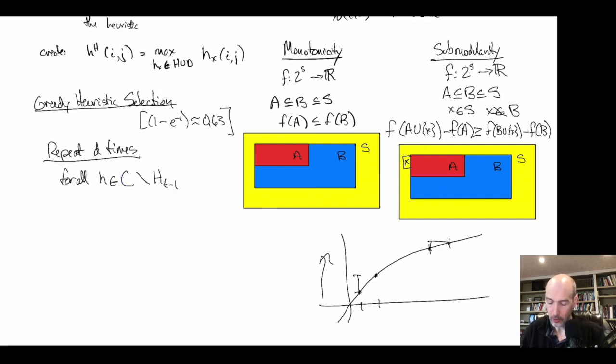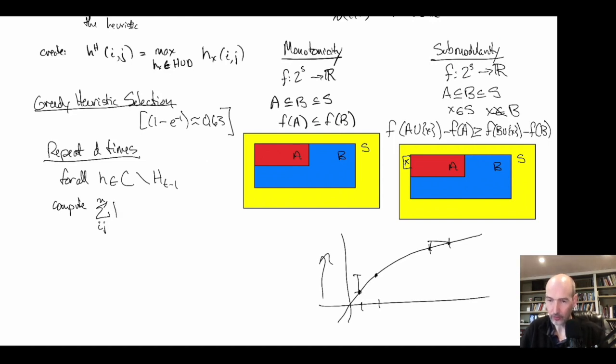I'm going to compute the sum over ij. I'm just going to simply compute how much more this heuristic would add to my overall heuristic.